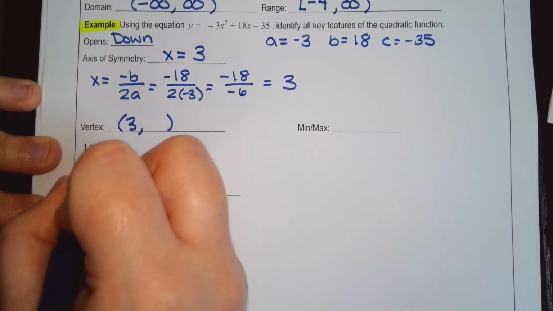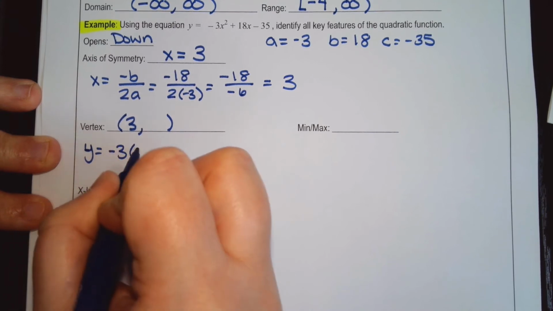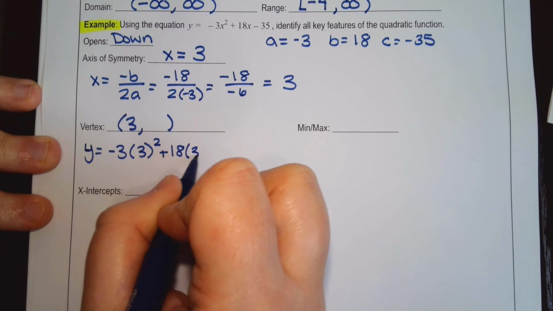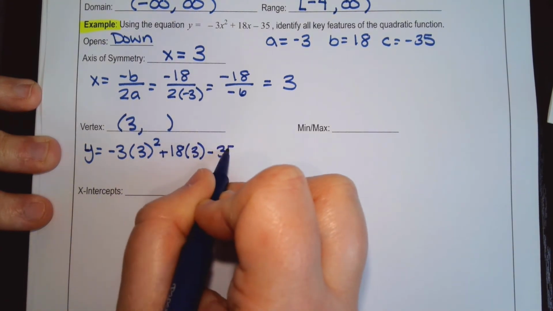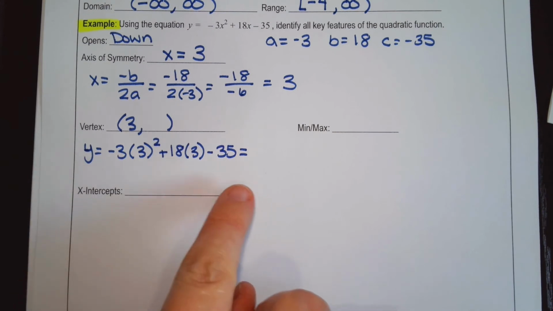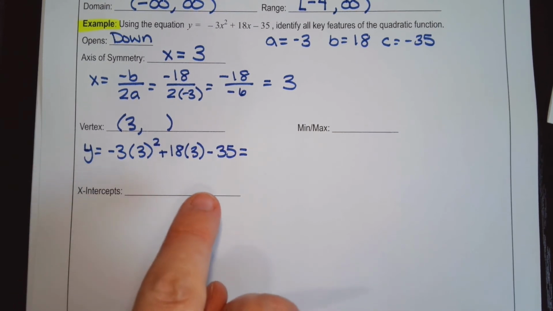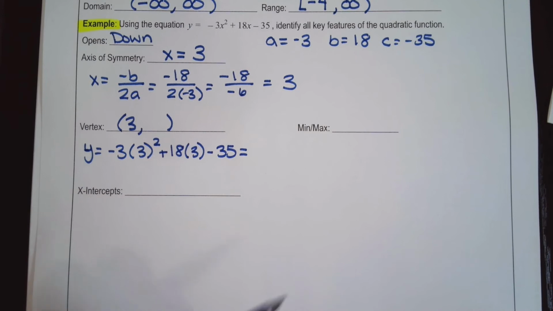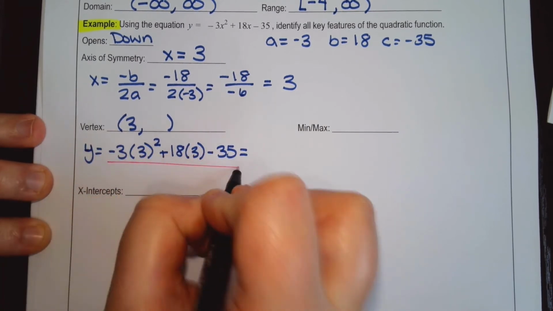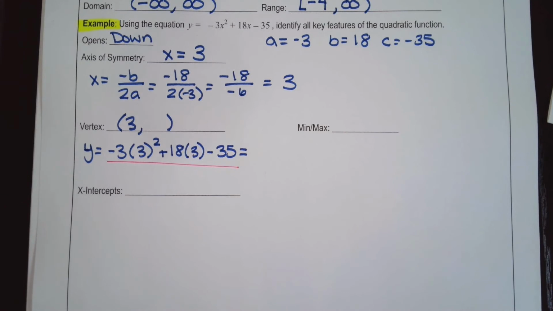So y equals negative 3 times 3 squared plus 18 times 3 minus 35. Again, plug this whole thing as you see it into your calculator, just in one go, parentheses and all.